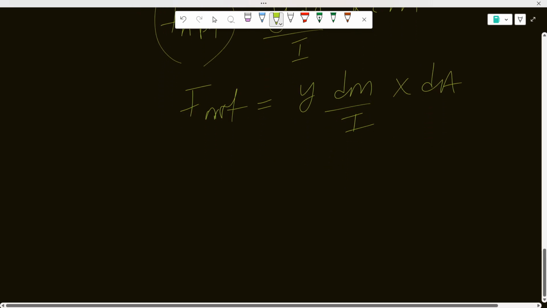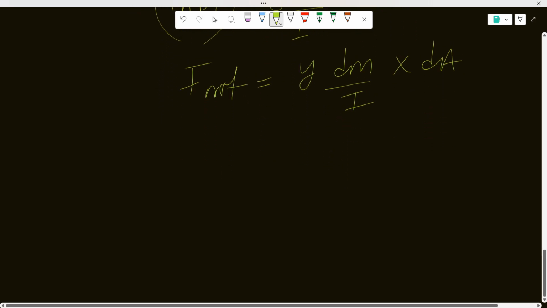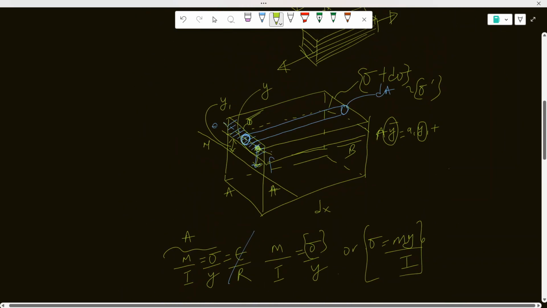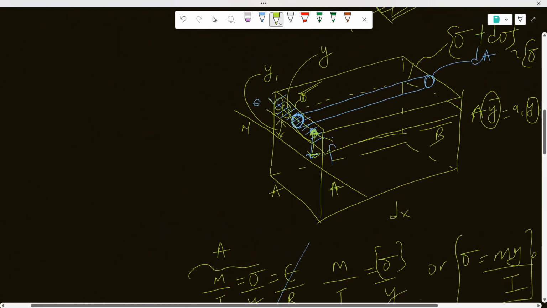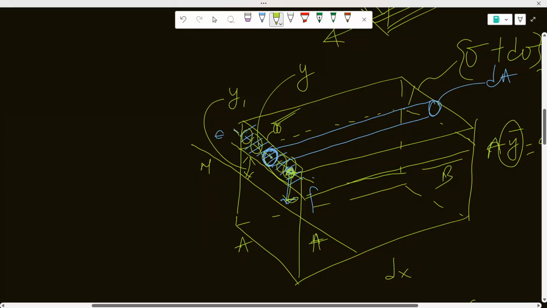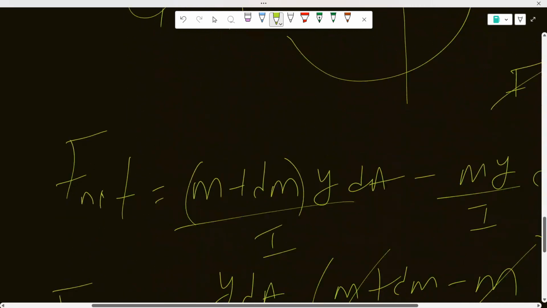But if we are looking for the total force, we need to find everything for all of this enclosed area, for the whole cylinder. We need to assume that there are a lot of cylinders there, and the only way we can do that is to integrate.